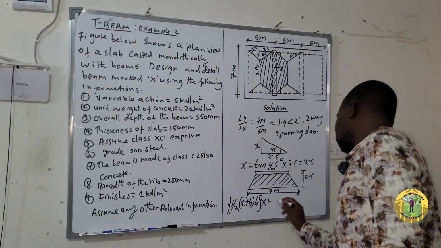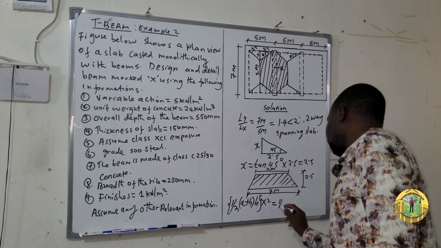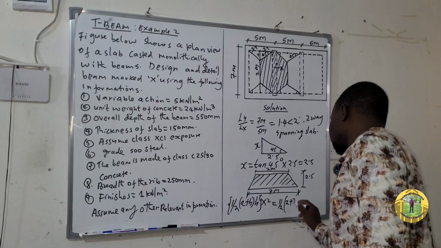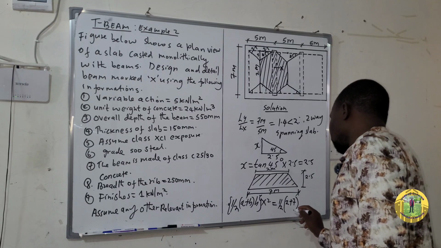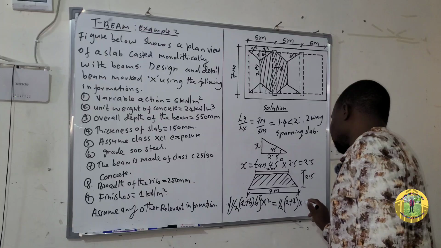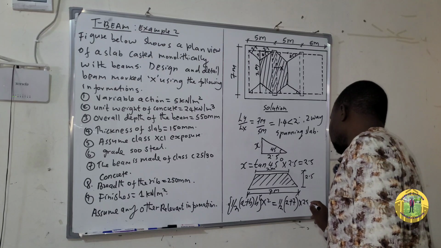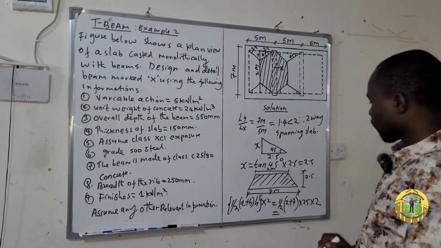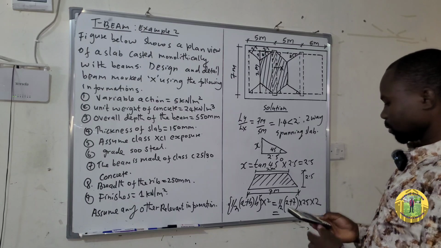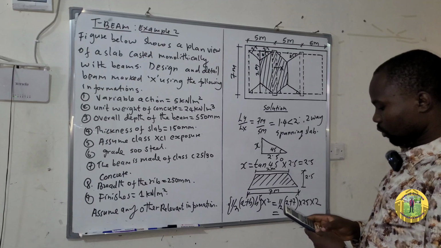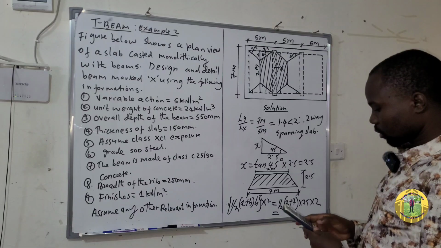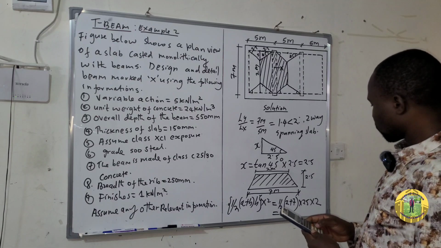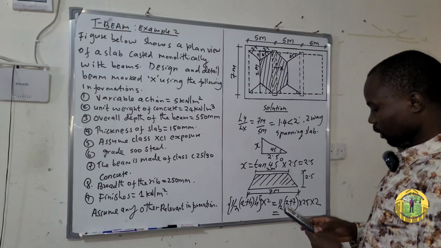So this one is equal to a half into bracket 2 plus 7 times 2.5 times 2. So the answer is 2 plus 7 times 0.5 times 2.5 times 2.